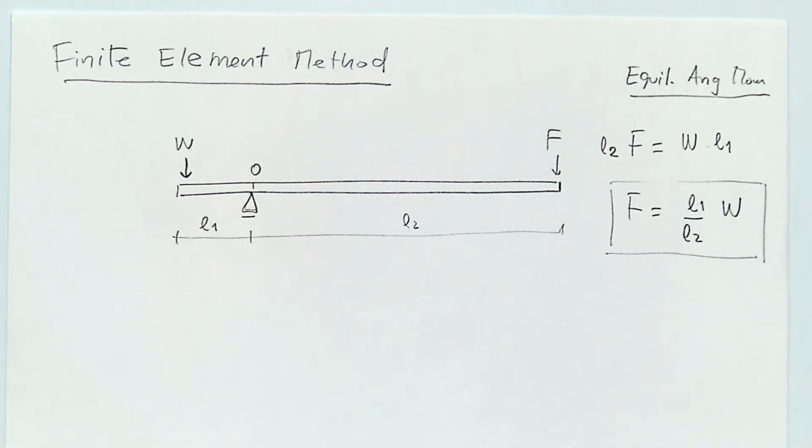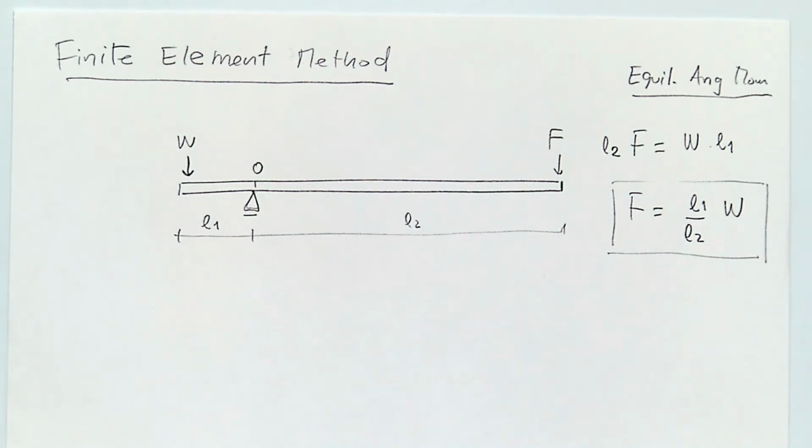All right. So we're all in agreement with that? Probably you have seen this, but what you're going to see now, probably you haven't seen yet. There is an alternative method to solve this problem. And this alternative method is based on energy. It consists of the following.